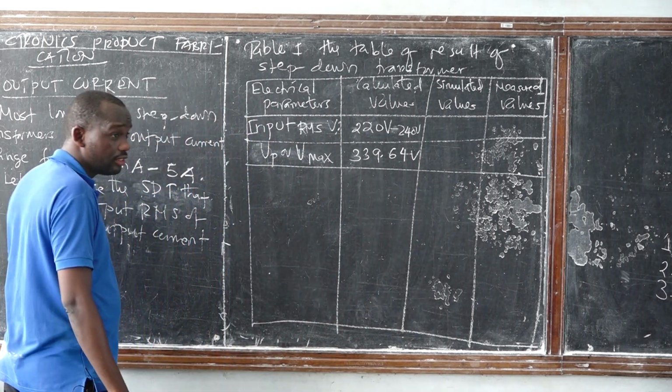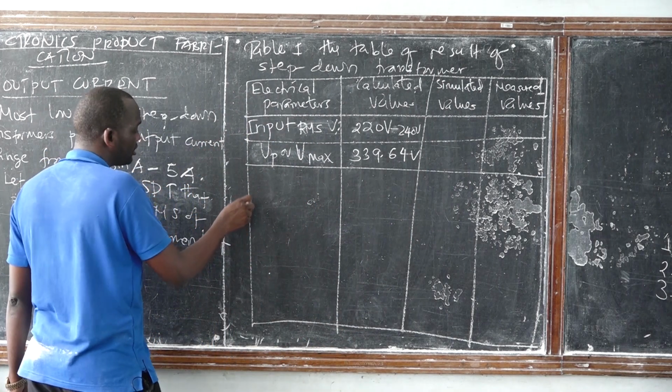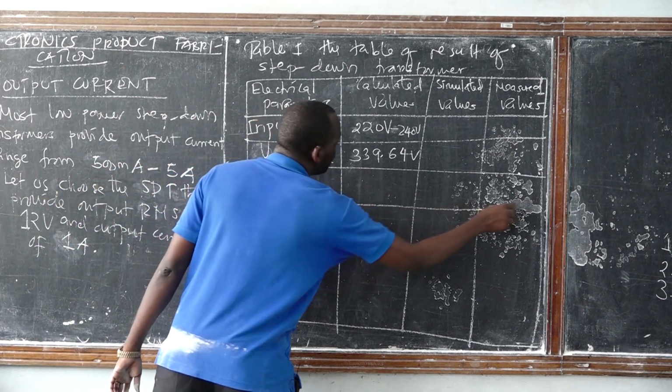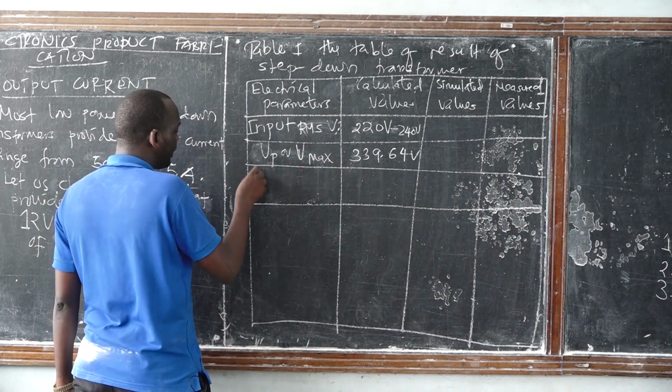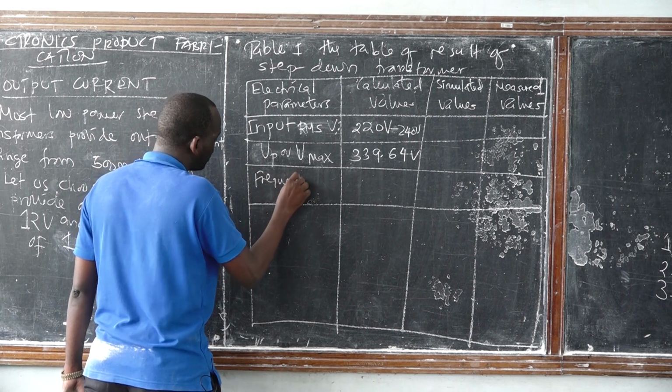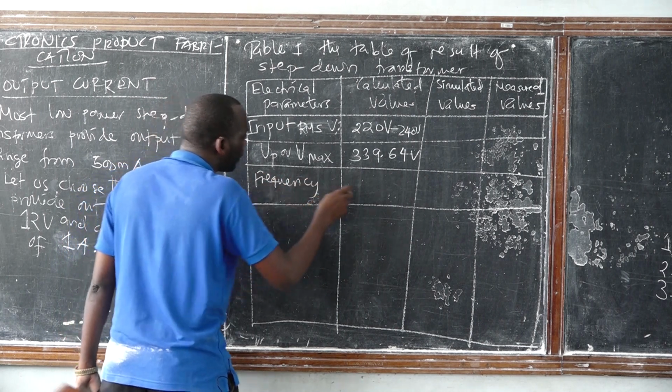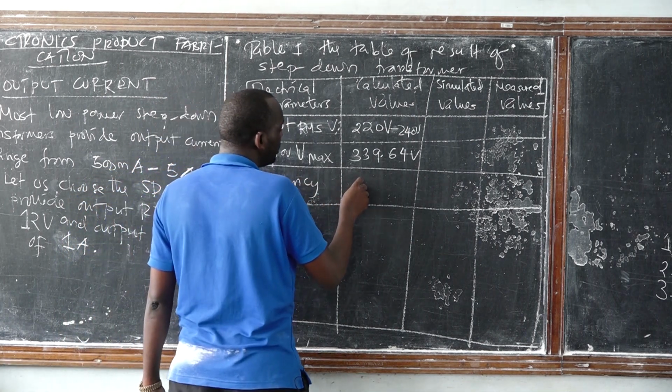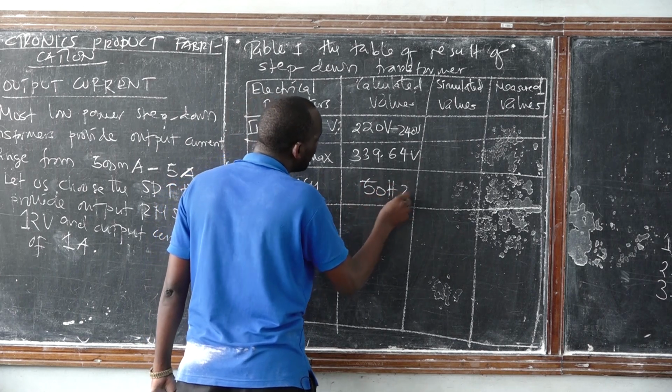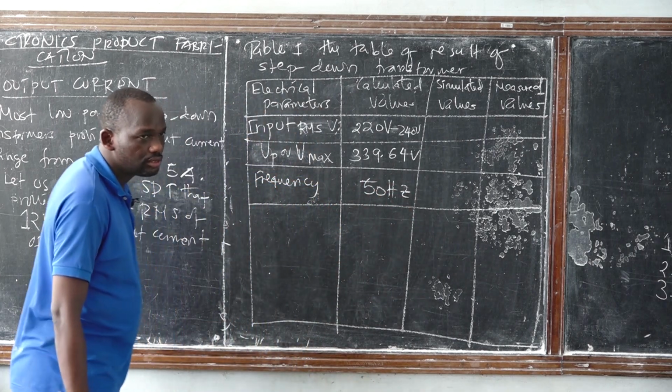That one, right? So for simulation, we'll see it. Then the next parameter. Yes, let us put frequency. Frequency is what? 50 hertz. Okay?